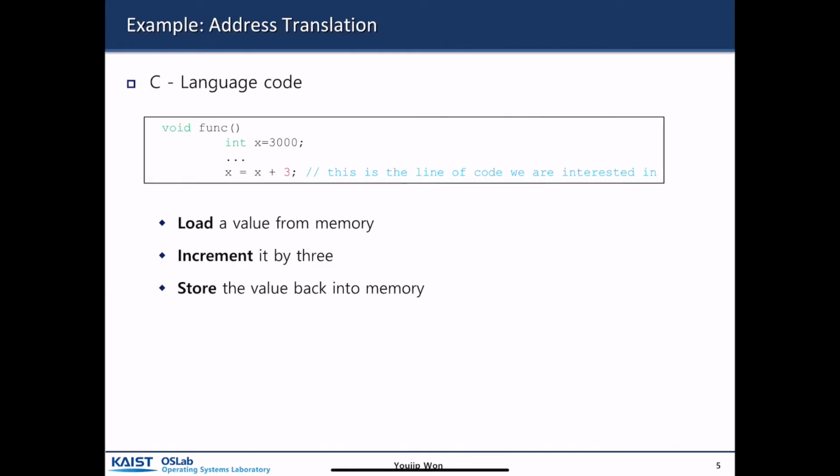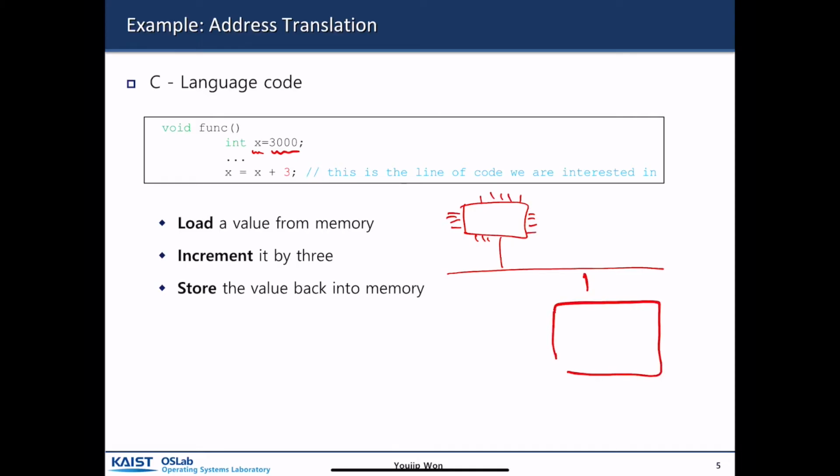Let's look at the example. There is a small C language code, and there is a local integer variable. It contains 3000. And then it increases the value of x by 3. So this is a very simple code. It loads a value from memory to the CPU. This is the CPU, and there's memory, and somewhere there is a value 3000.